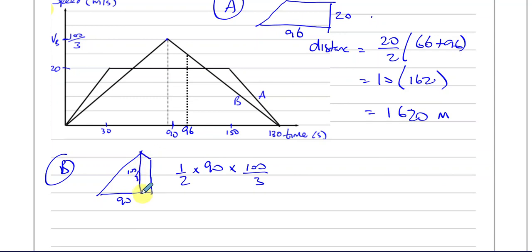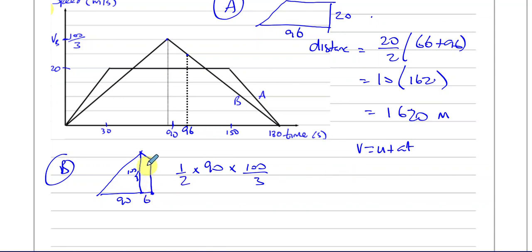Then you've got the area of this trapezium part. So here you've got 6 seconds, and this is going to be, well, we have to work out what that is. So we can use v equals u plus at to work out the time from this section here.